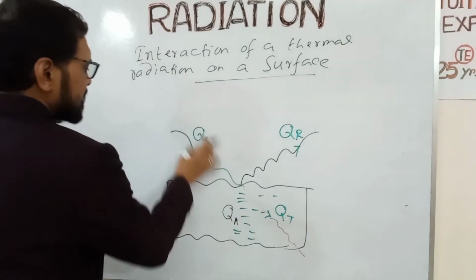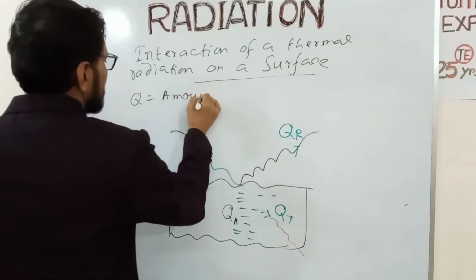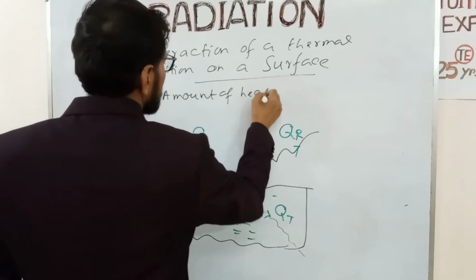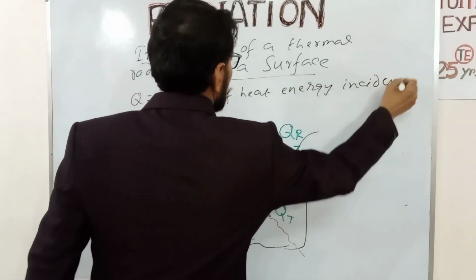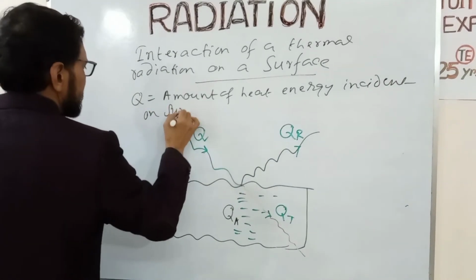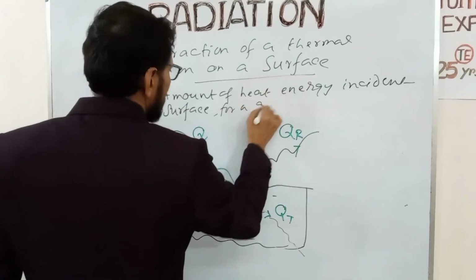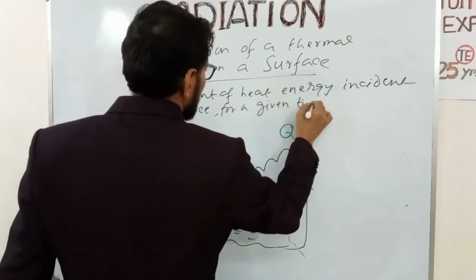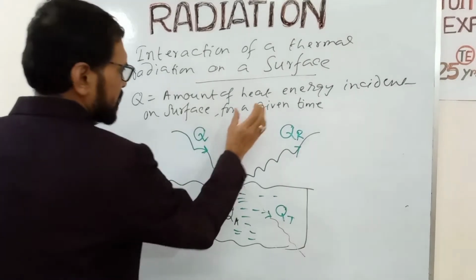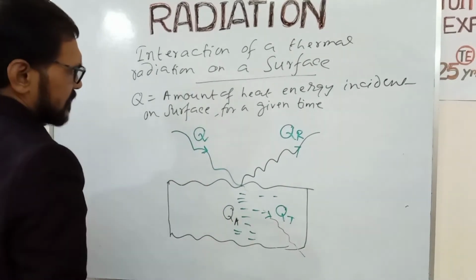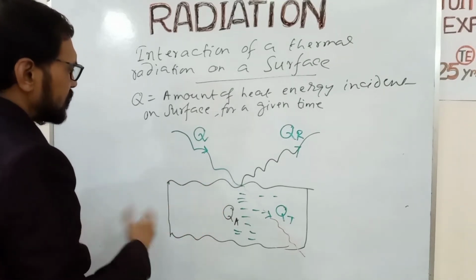So the total heat energy incident on a surface is Q, the amount of heat energy incident on a surface for a given time. When we consider some energy, we assign a time range, because as the time increases, the amount of energy incident also increases.